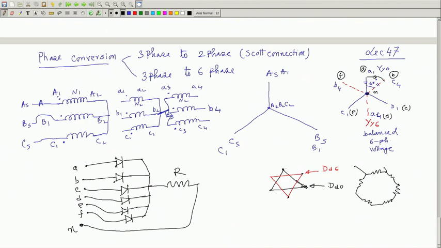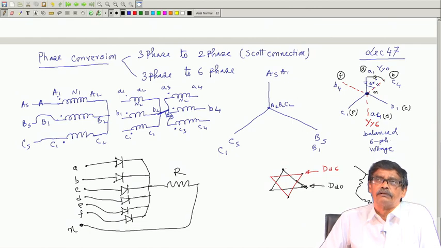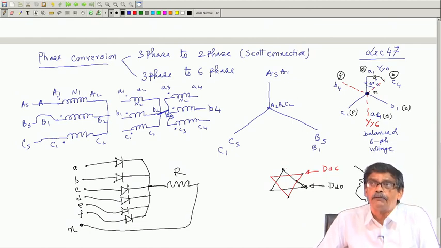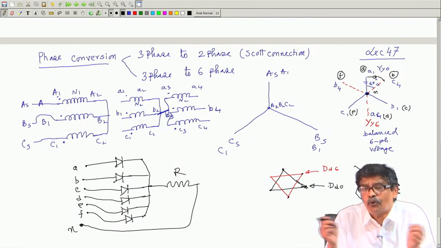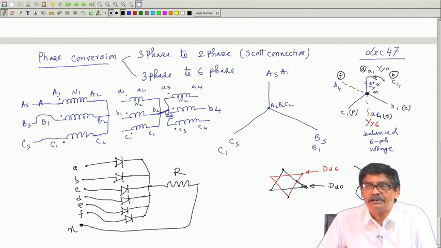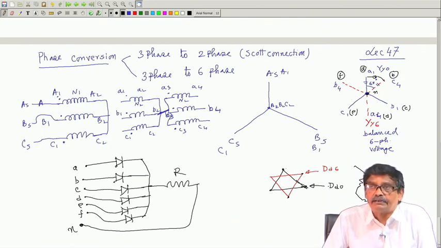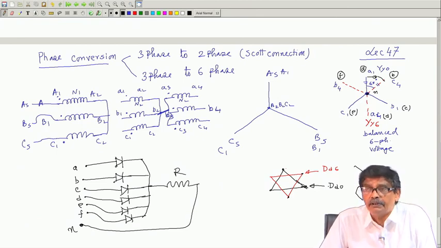But in a nutshell, whatever knowledge you have acquired, if you read some advanced topics on transformer winding connections, incorporating more coils into it, you can do several other things, but these are the main things, okay? And you will be able to, I think, solve simple numerical problems on this.